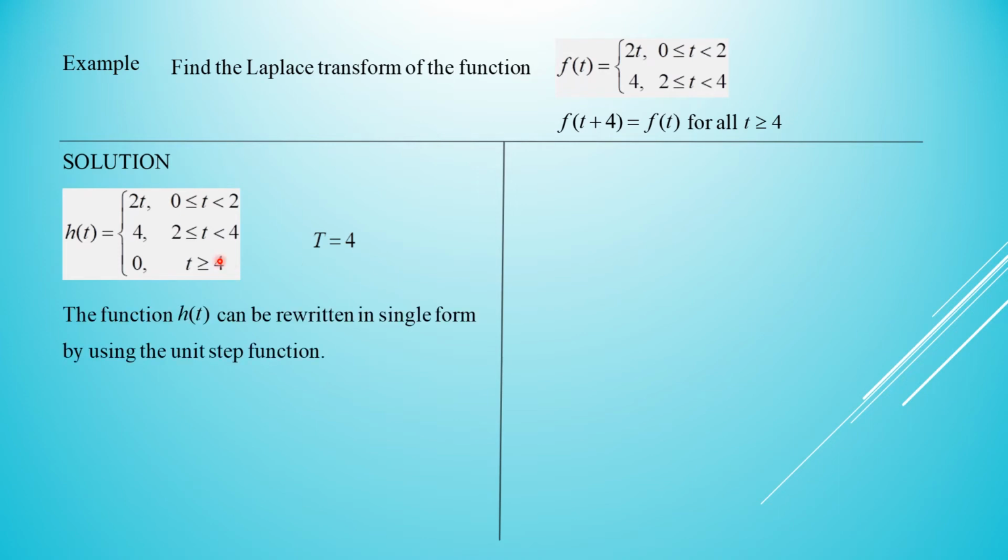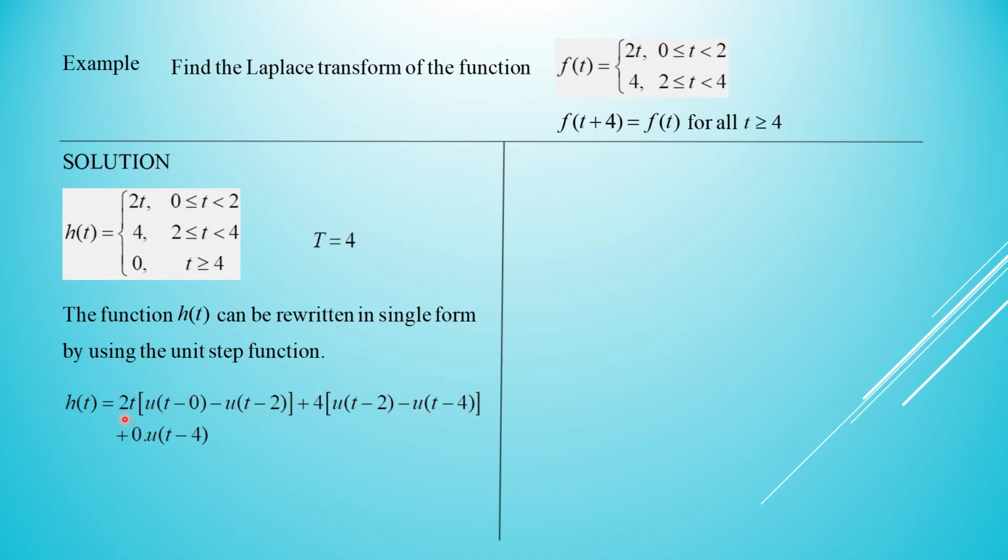So, since h of t is a piecewise continuous function, we can rewrite it in a single form by using the unit step function. So, h of t is equal to, okay, the first function given in the first subinterval is equal to 2t, and the endpoints for the first subinterval are 0 and 2, so we write u(t minus 0) minus u(t minus 2).